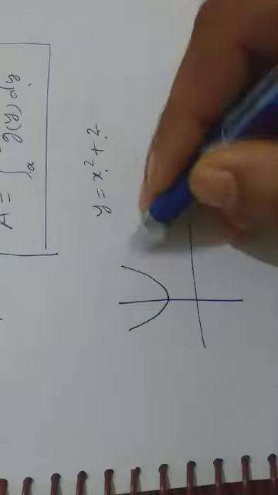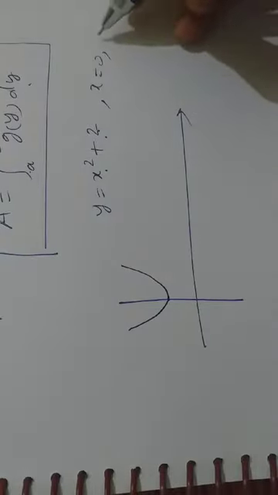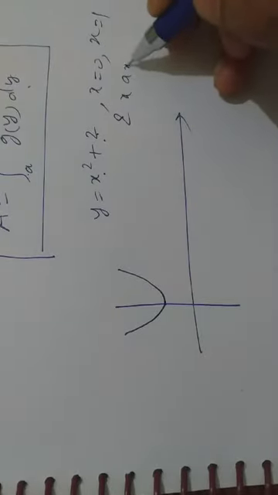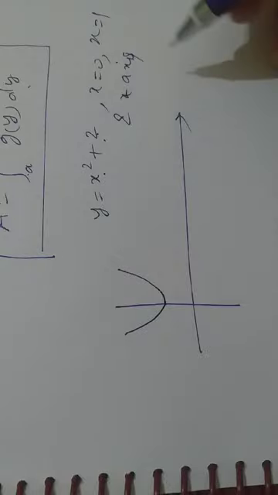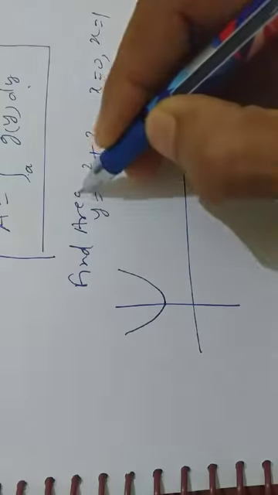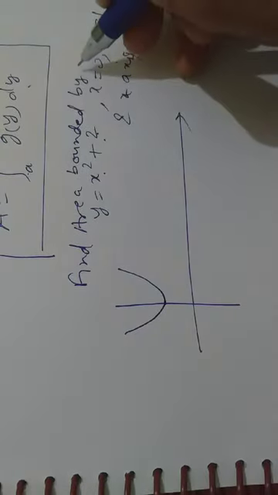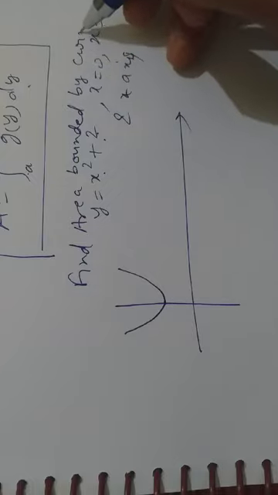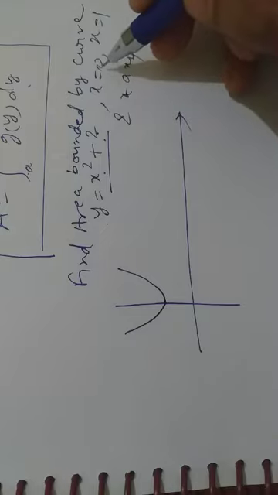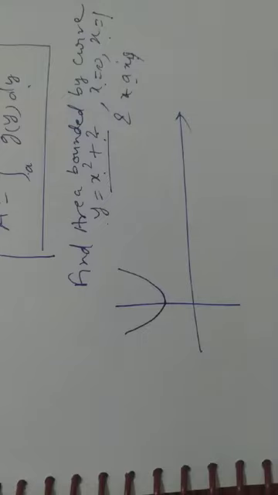Find the area bounded by the curve y equal to x square plus 2, the ordinates x equal to 0 and x equal to 1, and the x axis.